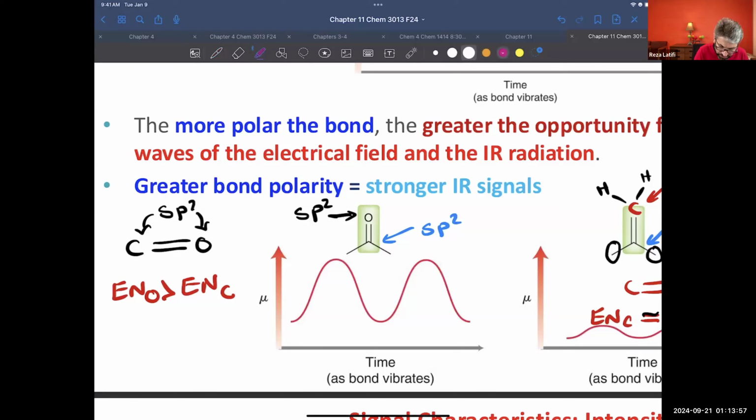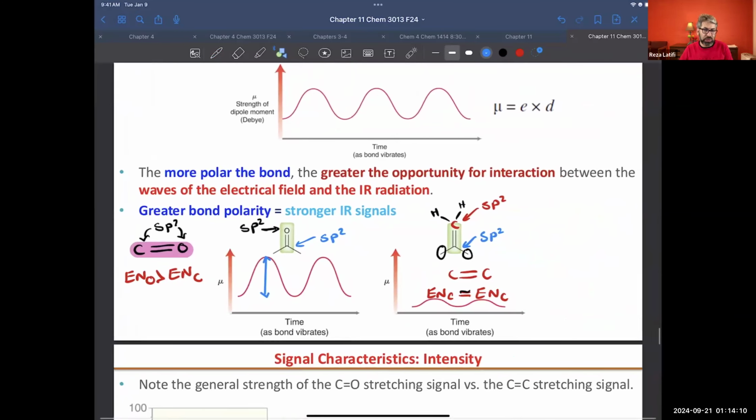So this bond is really polar. And because it's really polar, you see a stronger signal here. The signal is going to be stronger than the carbon-carbon double bond. So polarity is going to affect the intensity of the peak in IR.